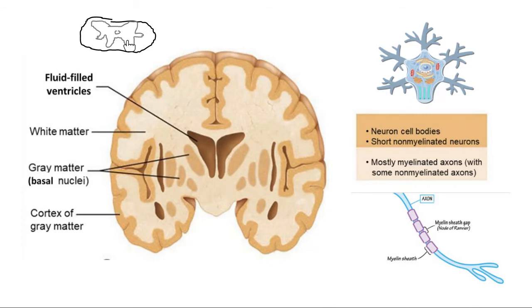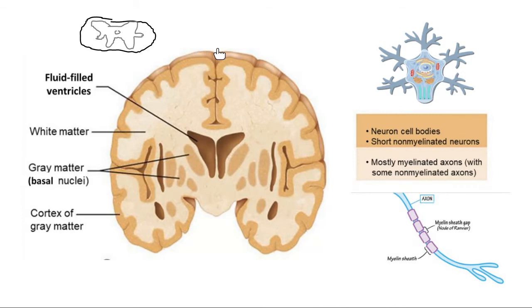When we look at the spinal cord, the gray matter is in the middle of the spinal cord. When we look at the brain, the gray matter is on the outside of the brain. The reason that the brain literally looks like it has different colors, and yes, those brains I was talking about in the lab are actual human brains, the reason it looks different is because of the amount of myelin.